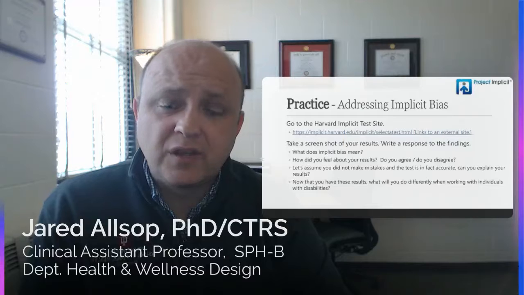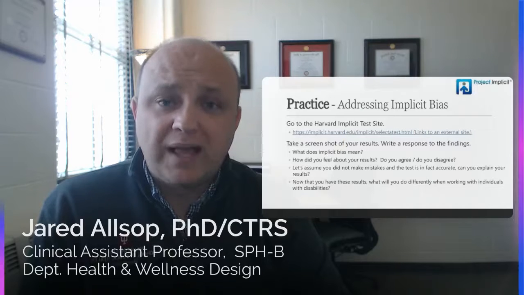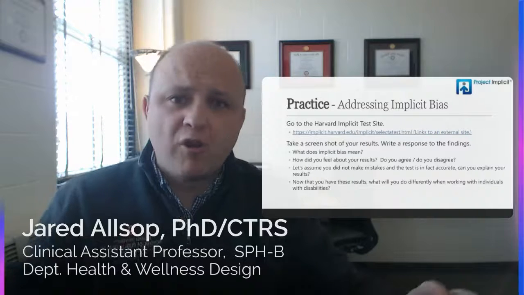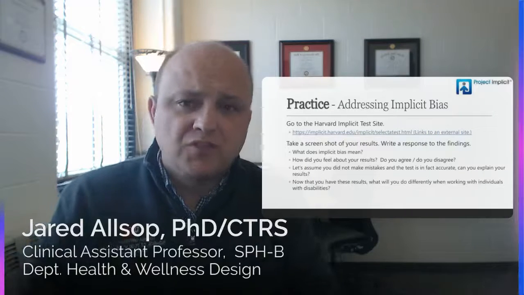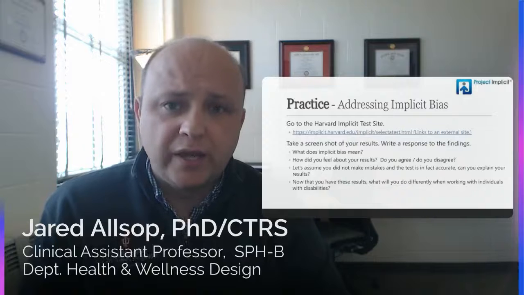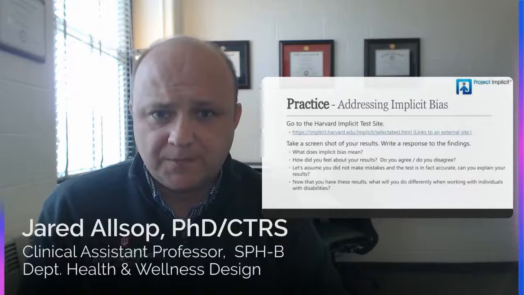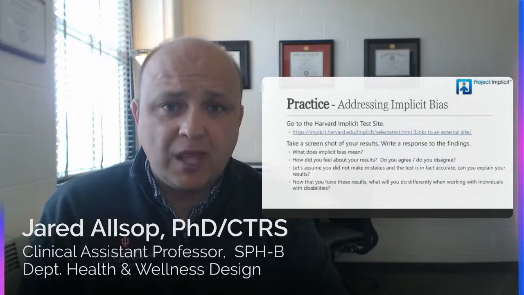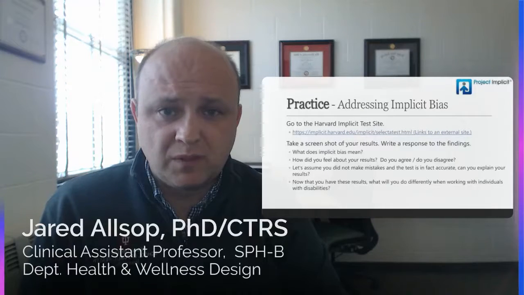This is a scientifically peer-reviewed, highly reliable, highly valid test to study somebody's implicit bias. It looks at a number of different populations, and I had my students specifically take the one on individuals with disabilities. Overwhelmingly, almost all of my students came back as having a bias against individuals with disabilities.